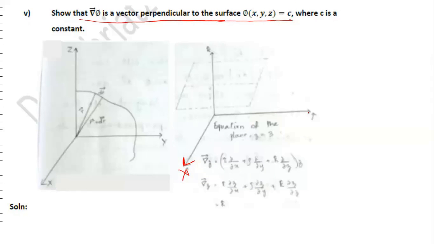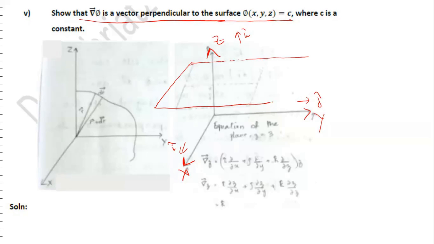So this is x-axis. Let's say this is y-axis. Let's say this is z-axis. Unit vector along this axis is i cap. Unit vector along this axis is j cap. Unit vector along this axis is k cap. Okay. Now let's say we have a certain plane like this.